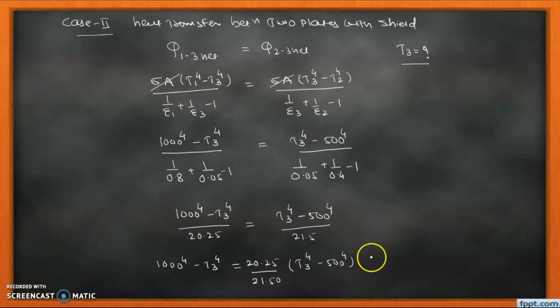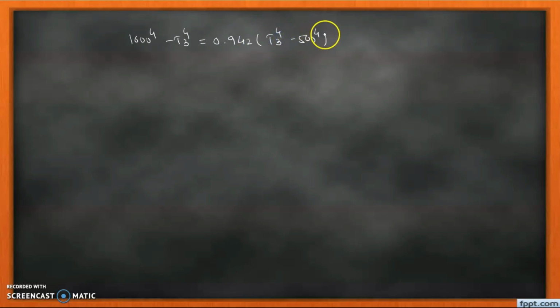Now by simplifications we get the value 1000 to the power 4 minus T3 to the power 4 equals 0.942 in the bracket (T3 to the power 4 minus 500 to the power 4). By simplifications we get that 1.942 into T3 to the power 4 equals 1000 to the power 4 minus 500 to the power 4.